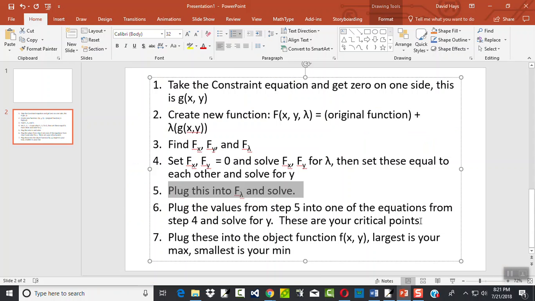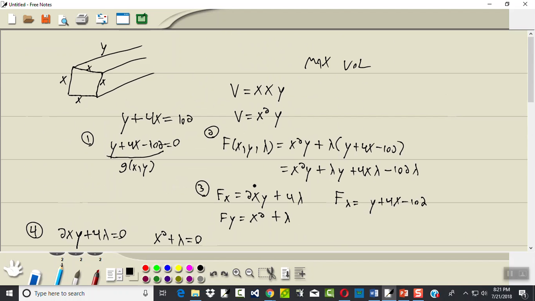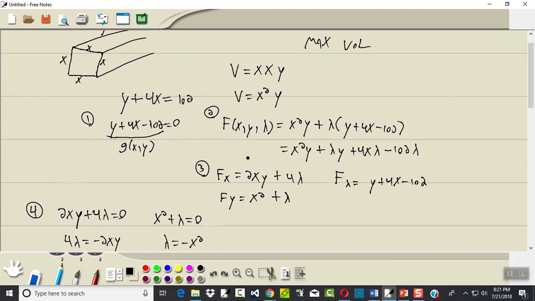Let's see. This is our critical point. Now I say plug this into your objective function. Largest is your max, smallest is your min. But obviously we can't have a min. The min would be x equals 0, and then what would y be? I'd have to put 0 in for x here.